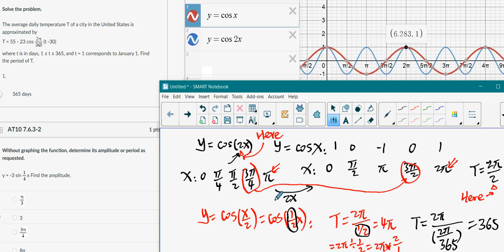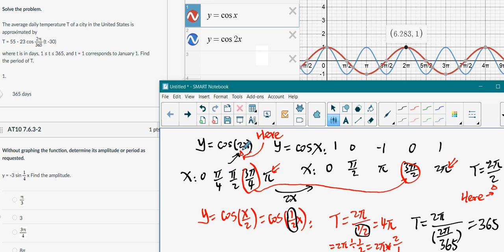The period changes from 2 pi for cosine x to pi for cosine 2x, a shorter period.